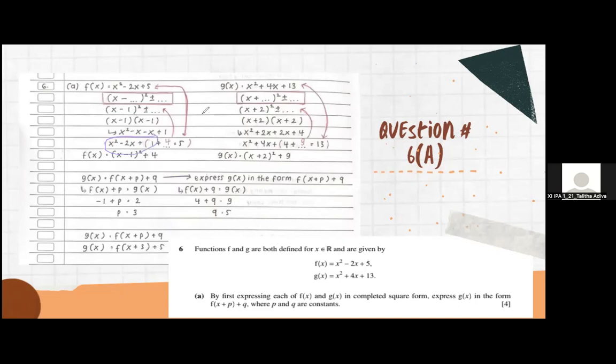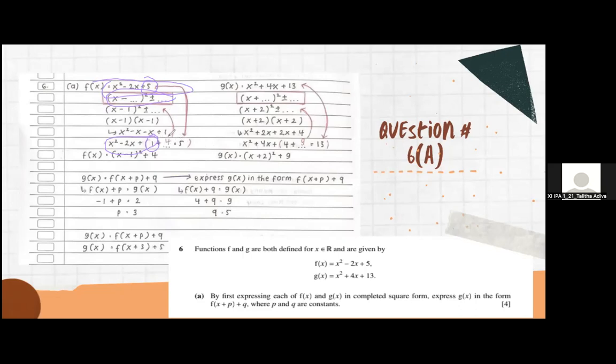And because we have to change this given equation into the exact same value in this form, we have to find the differences between this coefficient and the results that we got from this factorization.